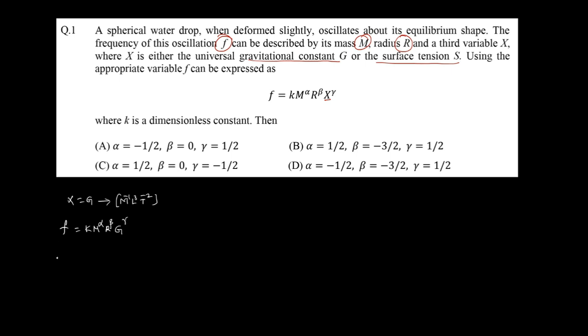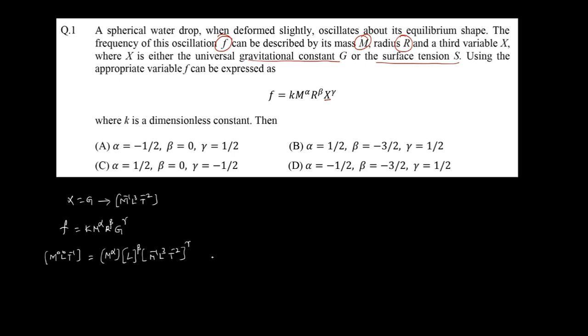Then the F dimension is M power 0, L power 0, T power minus 1, since frequency is 1 by time period, 1 by time. M stands for mass, so I'll write M power alpha, and r is length, so length power beta. G is M power minus 1, L cube, T power minus 2, all power gamma.